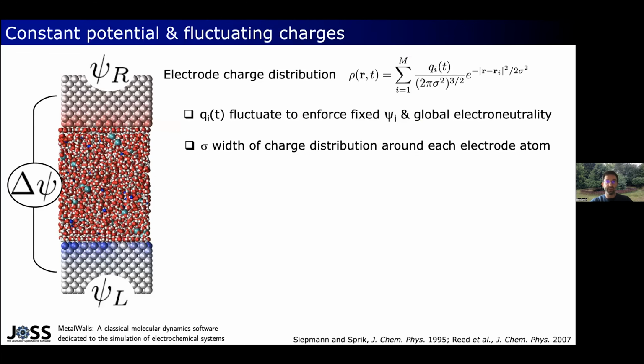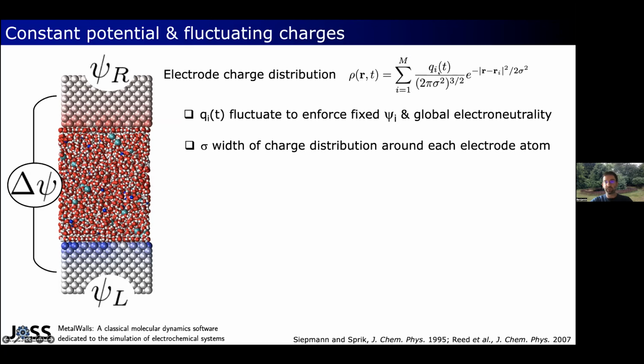So how does that work, this constant potential fluctuating charge method? In this model, the electrode charge distribution is modeled as a sum of atomic contributions, and each atom carries a Gaussian charge distribution at the position Ri of the electrode atom with a Gaussian width sigma, which is fixed.